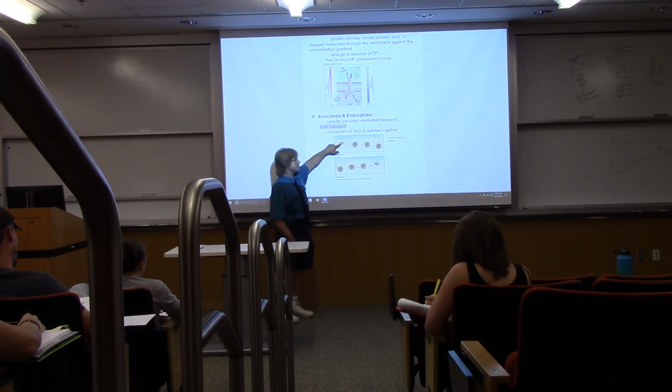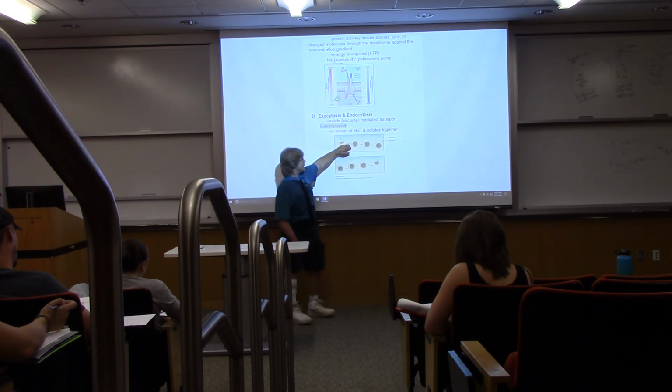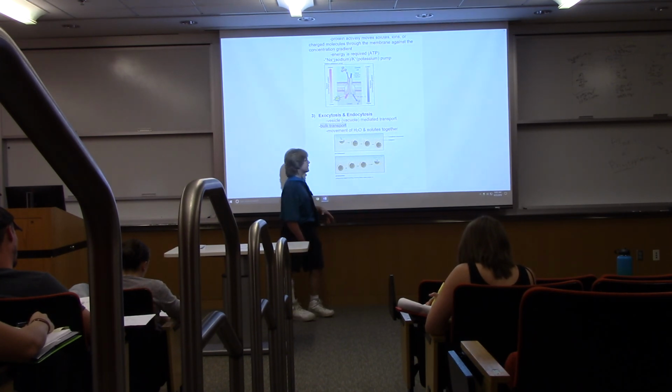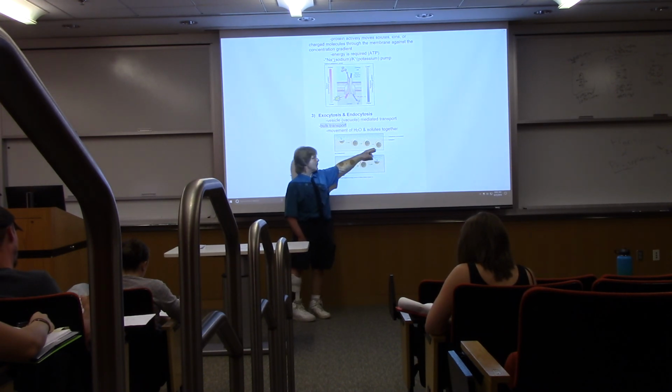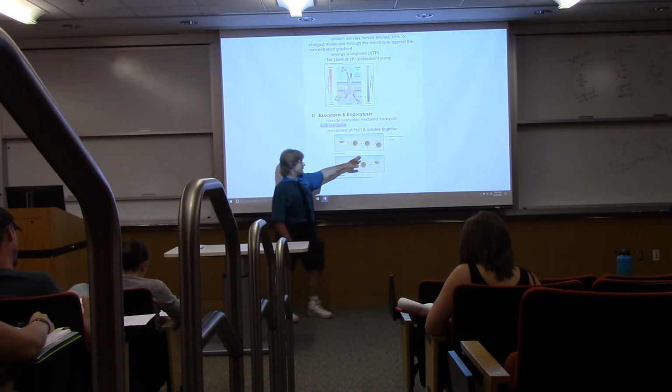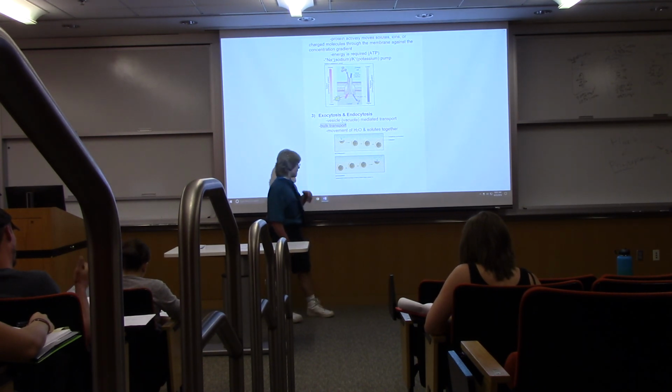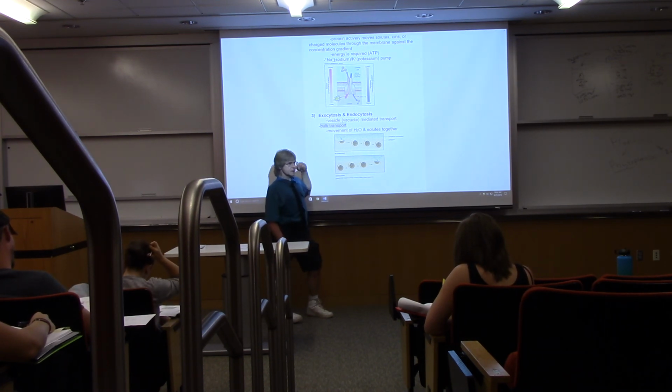Pinching off of the plasma membrane. And then again, once that vesicle is inside the cell, all these phospholipids will disengage and again be incorporated in the plasma membrane again.